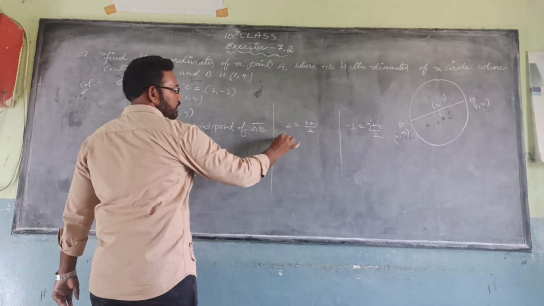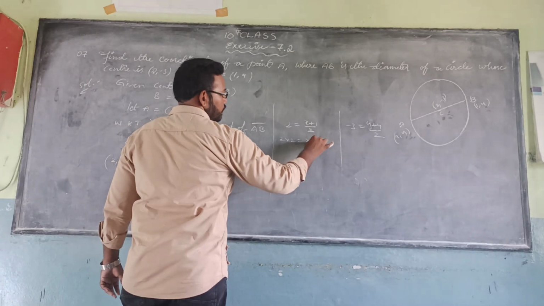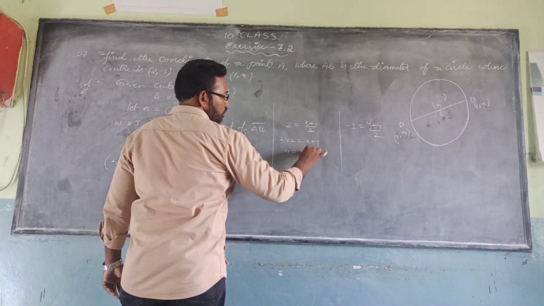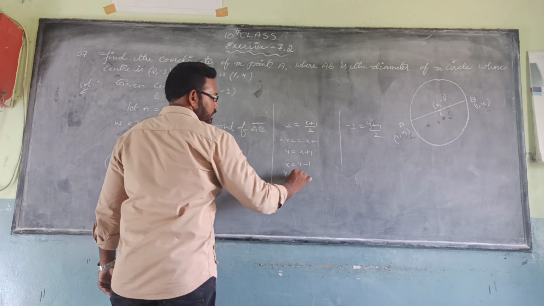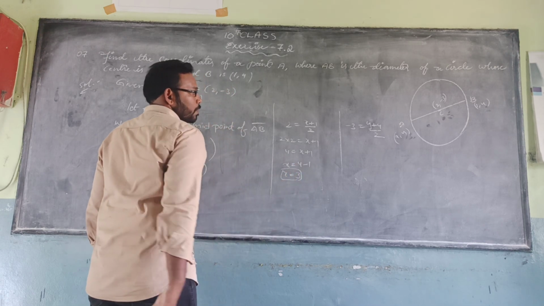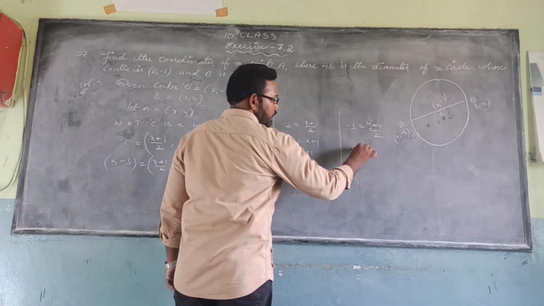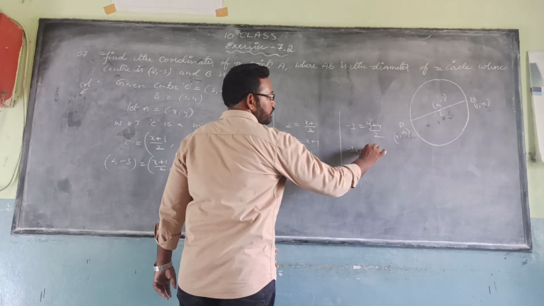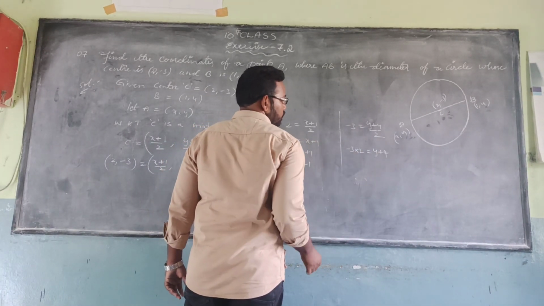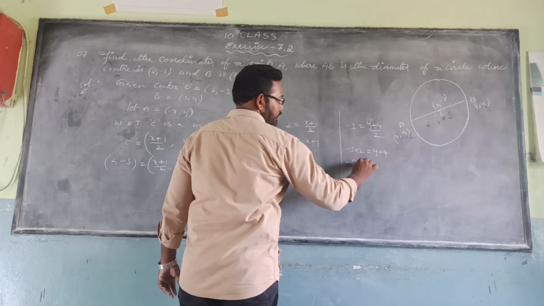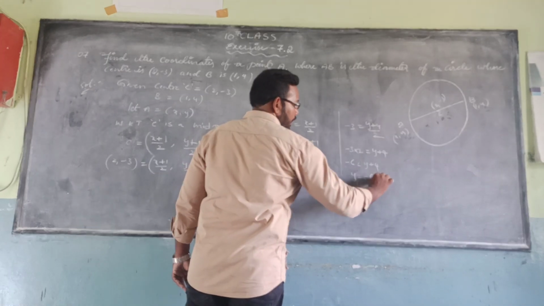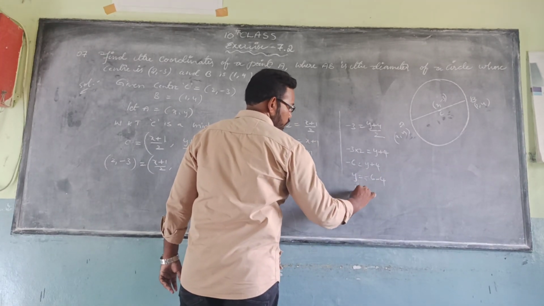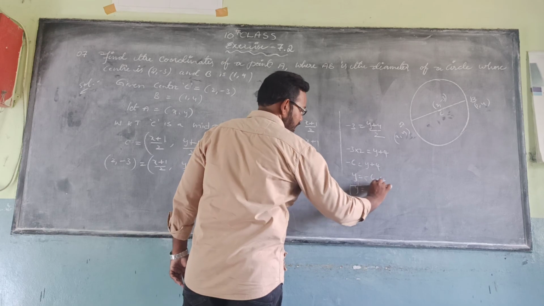If you do cross multiplication, 2 into 2 is equal to x plus 1, 4 is equal to x plus 1, x is equal to 4 minus 1, then x is equal to 3. Now if you do cross multiplication again, minus 3 into 2 is equal to y plus 4. So minus 6 is equal to y plus 4. y is equal to minus 6 minus 4. You will get y is equal to minus 10 here.